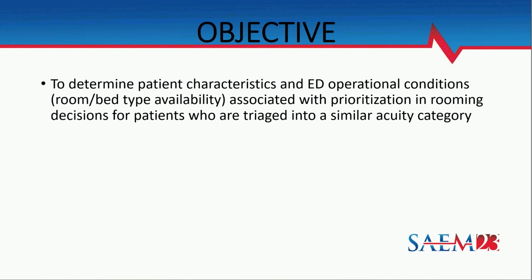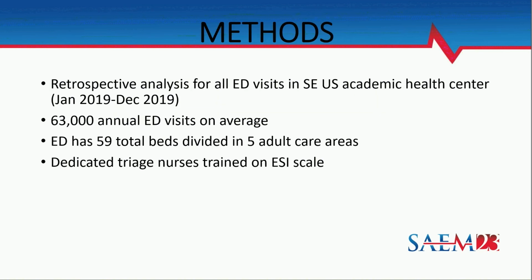Their question was to determine patient characteristics and ED operational conditions that were associated with prioritization and rooming decisions for patients who were triaged with a similar ESI score. This was a retrospective analysis of all ED visits at a Southeast U.S. academic health center, from January to December of 2019.